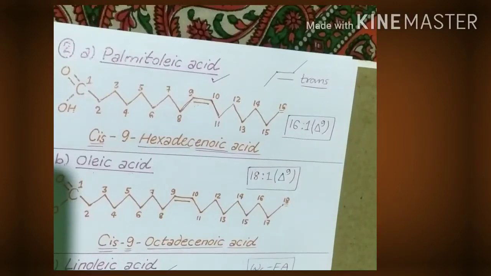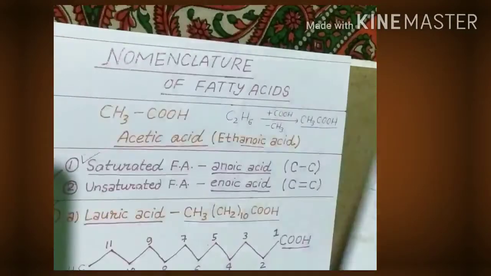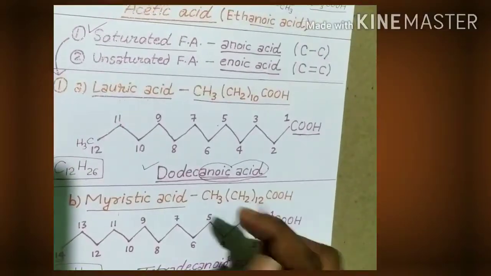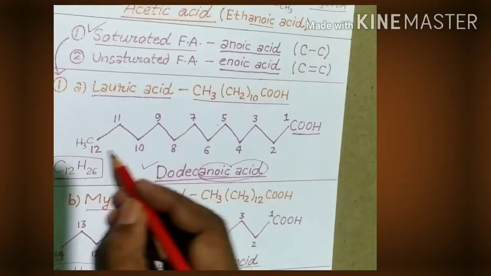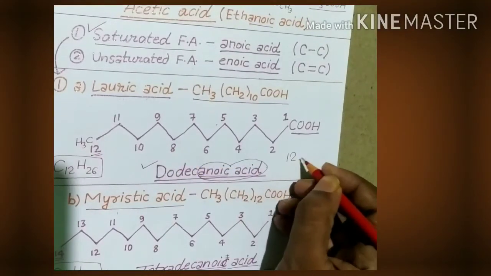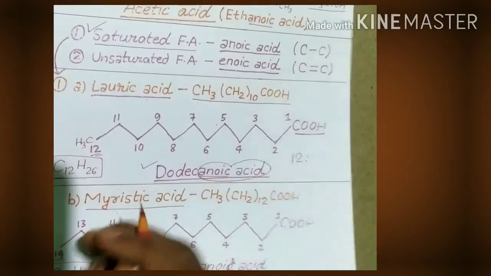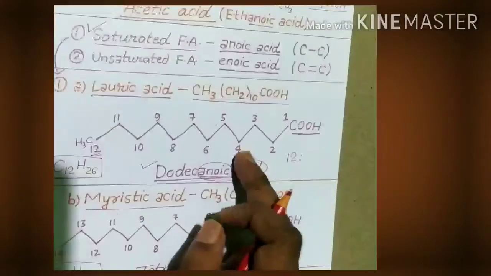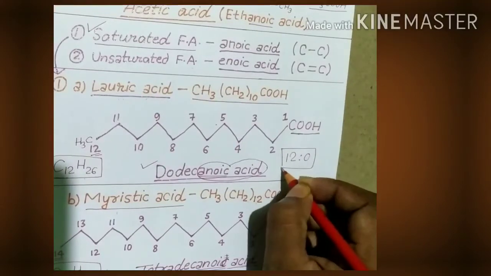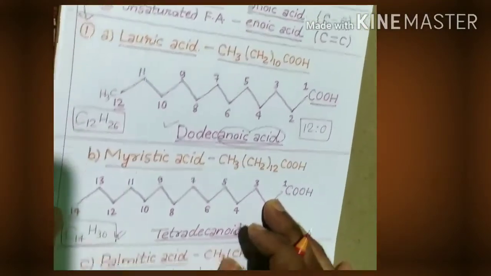Similarly, saturated fatty acids can be named as follows. Here in lauric acid the number of carbon atoms is 12, so it is 12:0. How many double bonds are present? No double bonds, so here we will write 0. Understood?